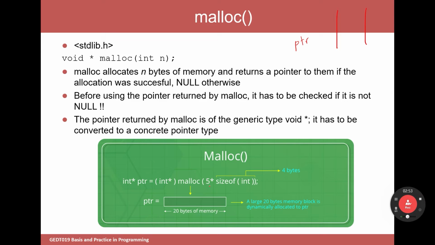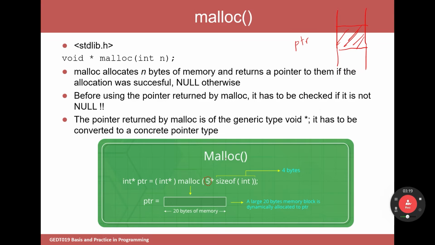For example, I want to reserve 5 integers. An integer is 4 bytes, 4 bytes times 5, that means 20 bytes. That means I want to reserve 20 bytes in the memory, and I will use them to save some data.